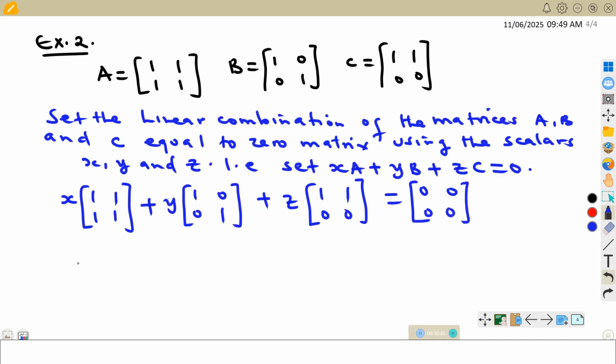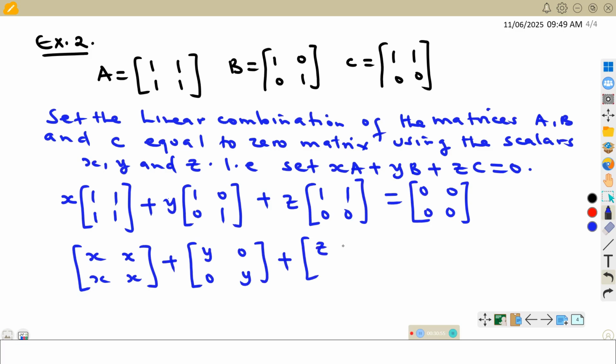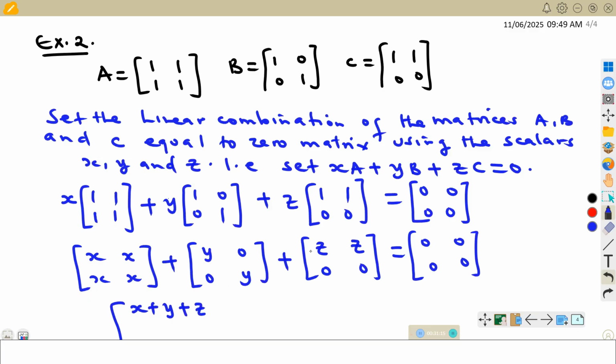From here, we can multiply and have x, x, x, and x. This will be y, 0, 0, y. This will be z, z, 0, and 0. And this should be equal to 0, 0, 0, and 0. Let us add the corresponding components. The first entry is x plus y plus z.